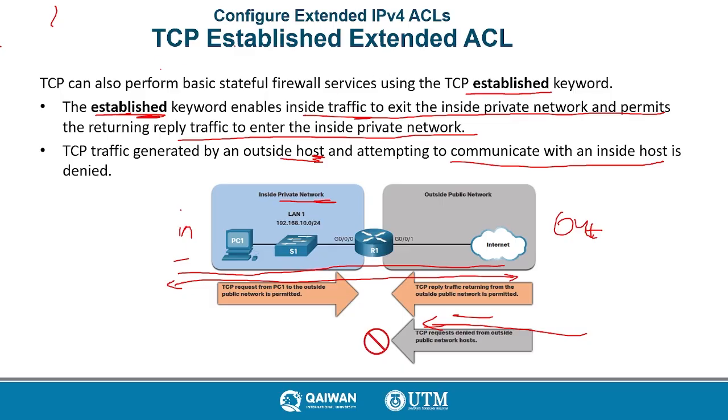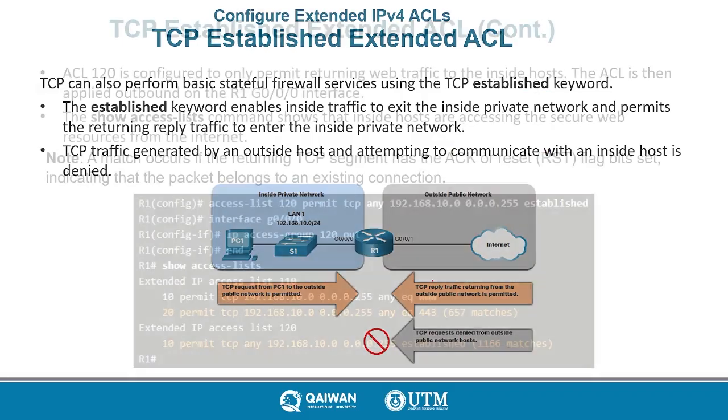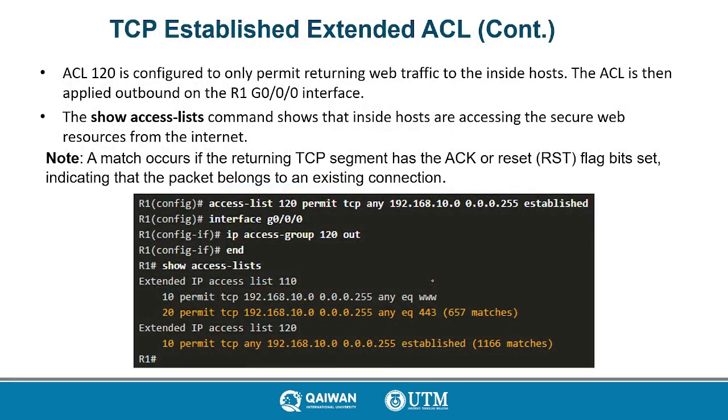The TCP traffic generated by an outside host attempting to communicate with an inside host is denied. Why? Because it is not generated here, going outside and returning back. It has been generated outside, so it will not be allowed to come inside.